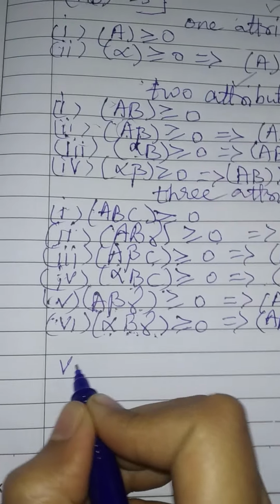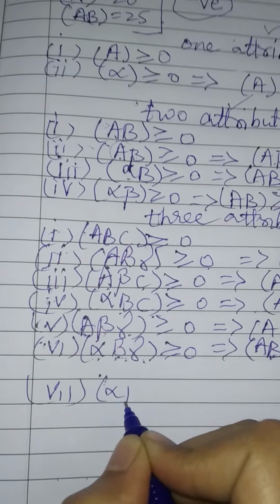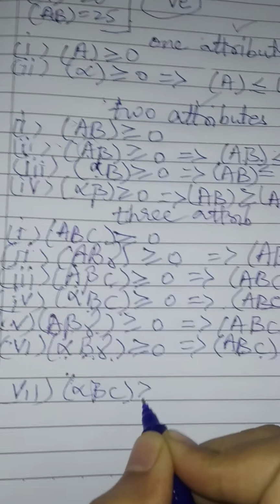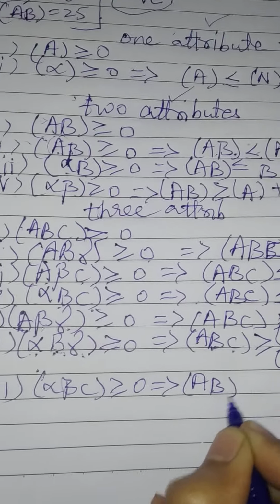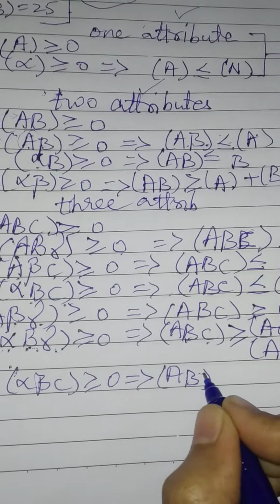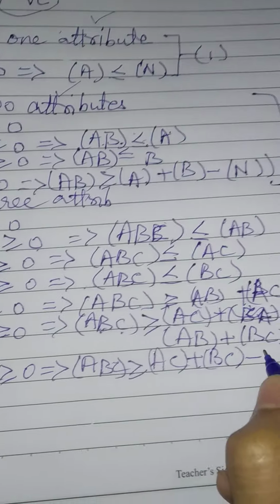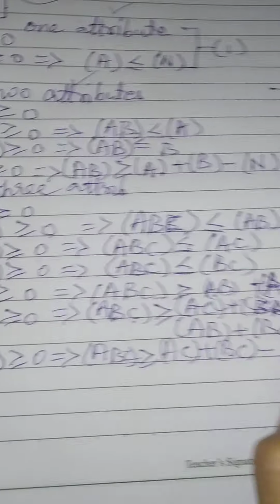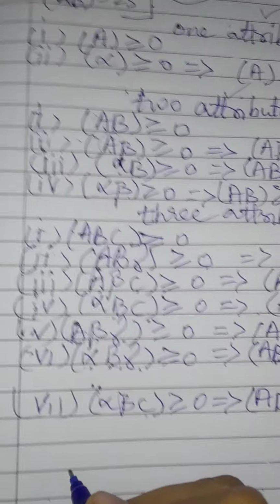Now tell me, students, if it is alpha, beta and C greater than or equal to 0, it will be what? ABC class greater than or equal to, here it is AC, C is there, no? Plus BC minus AC in class, BC in class minus this C, because you have C here. Now this was for three attributes.